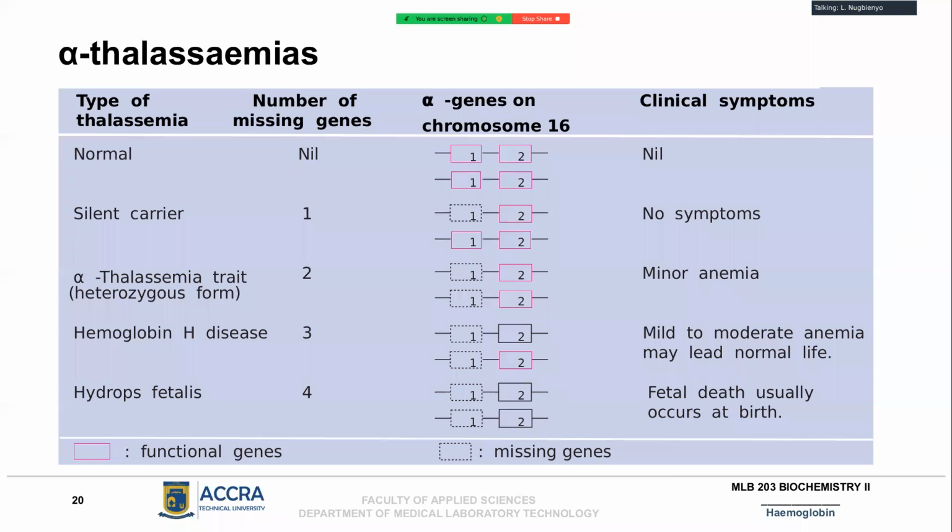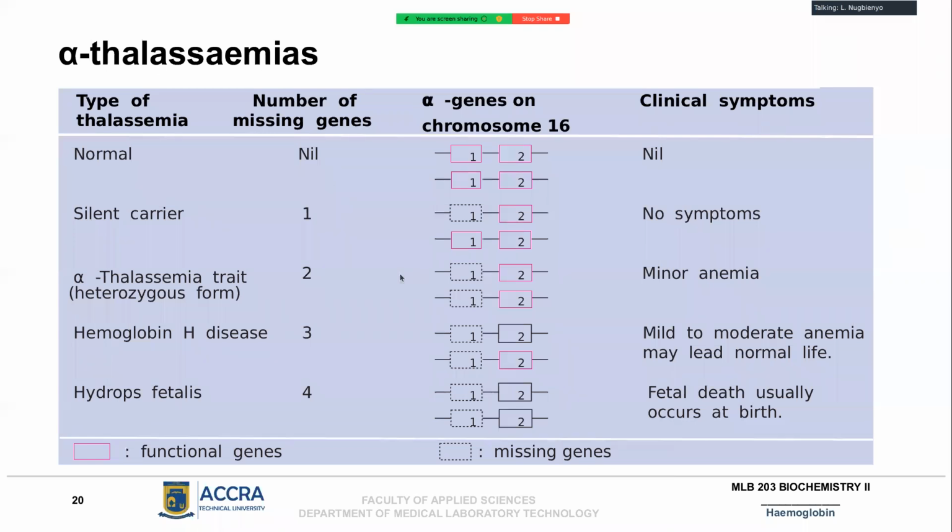So the gene is there, it's just silent and it's not functioning. Perhaps there are some other factors which are not present that will make that gene functional. So you have these different forms on the alpha globins, referred to as the alpha thalassemias.